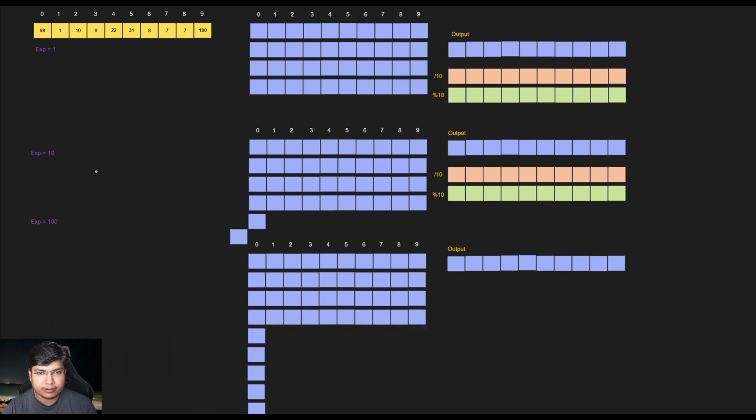Another important thing in Radix sort is that we want to treat numbers that have the same rightmost digit as equal. For example, 10, 0 and 100 are supposed to be treated as equal.